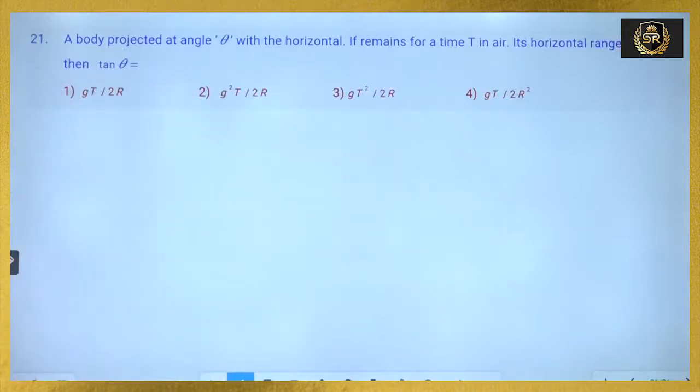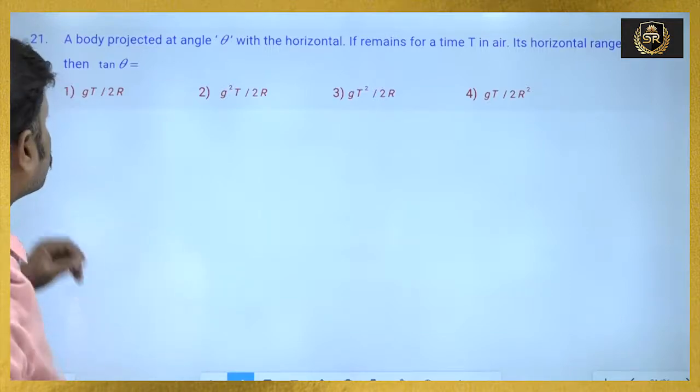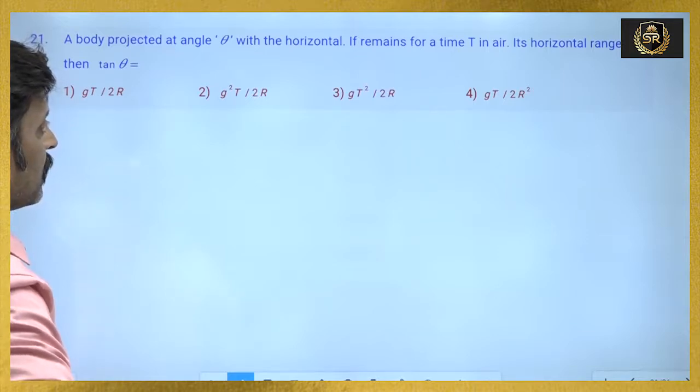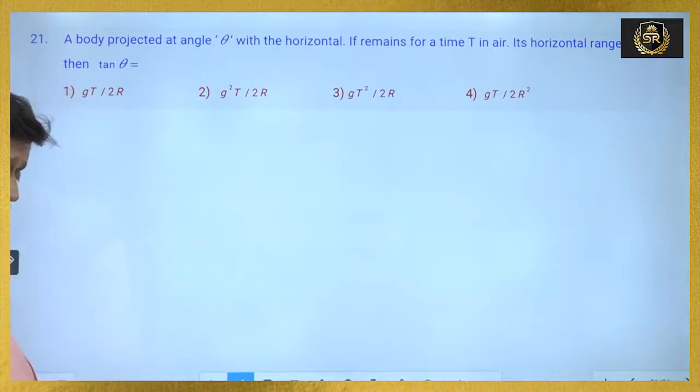Question number 21. A body is projected at an angle theta with the horizontal. It remains for a time t in air, and its horizontal range is R. Then the value of tan theta is.